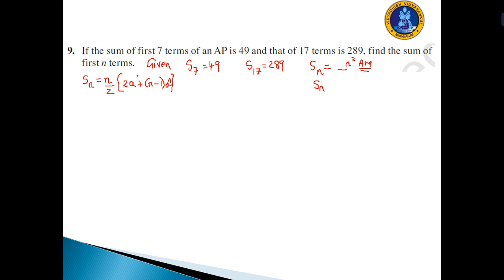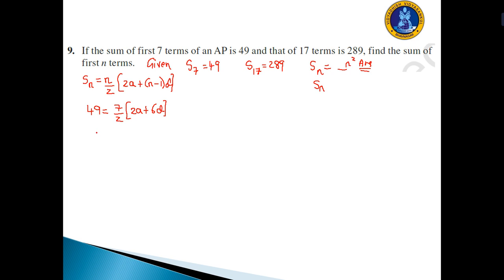So here a and d are not given. So by using S7 is equal to 49, n is equal to 7. So 49, 7 by 2, 2a plus 7 minus 1, that is 6d.